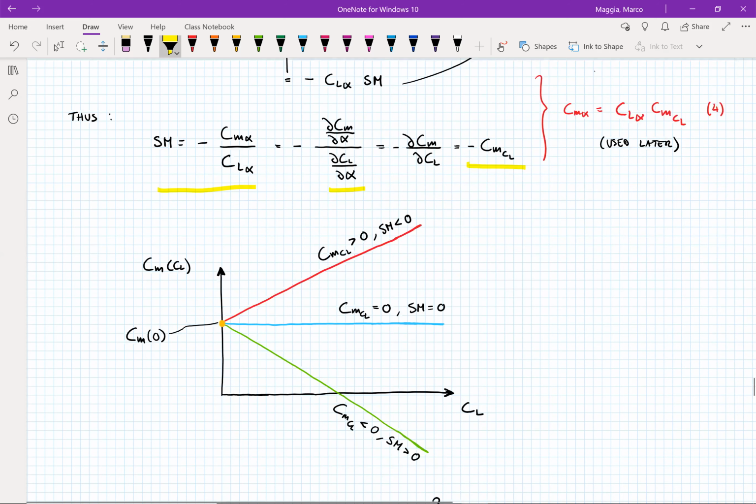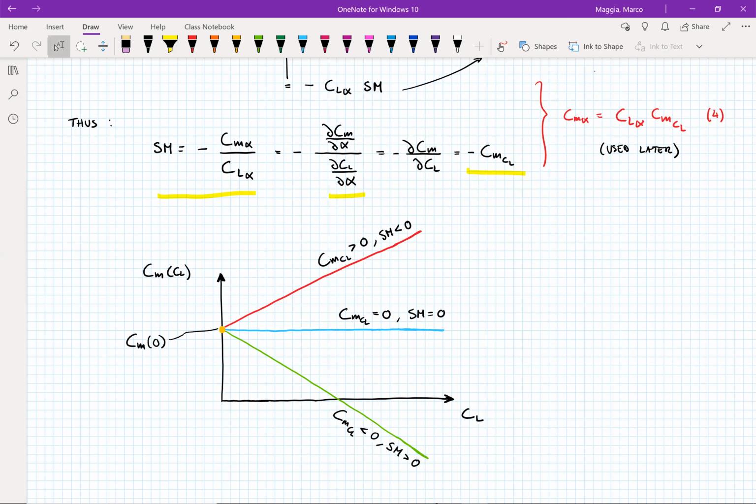So what that means is that if we were to graph Cm, so always the pitching coefficient, but now as a function of the lift coefficient Cl, which is on the x-axis, then it's similar behavior of the curves as we saw for Cm with respect to alpha. For a positive static stability, we want a negative slope.